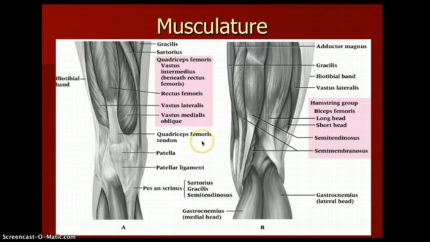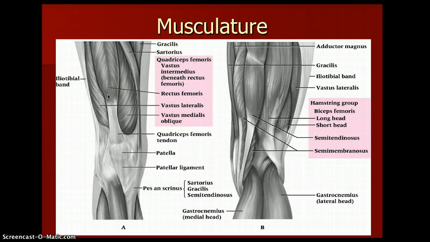And the main knee extensors are going to be the quadriceps femoris, which includes the vastus intermedius, the rectus femoris, vastus lateralis, and vastus medialis. The vastus medialis, in your textbook, it's going to talk about how important the role of this muscle is, because a lot of the patellar tracking is done by all the lateral musculature.